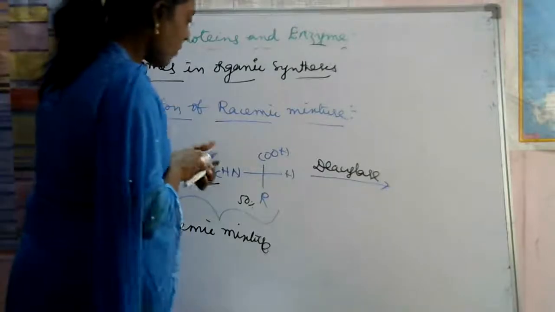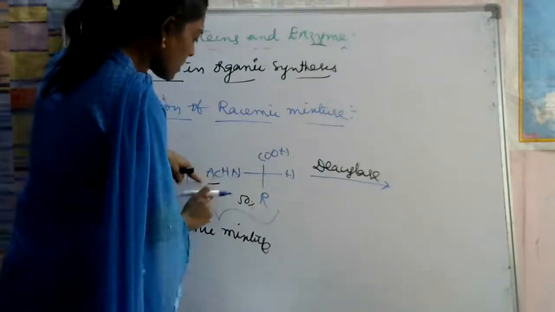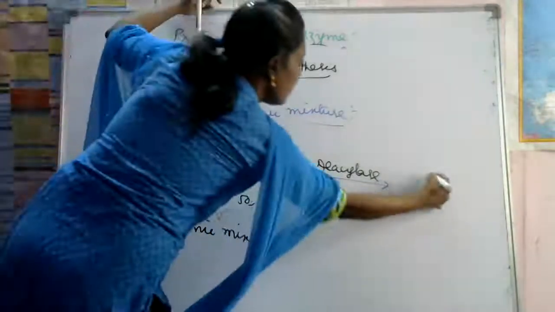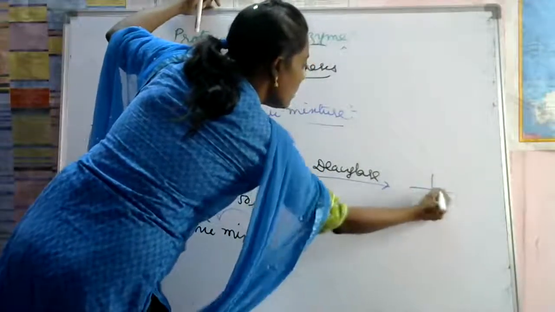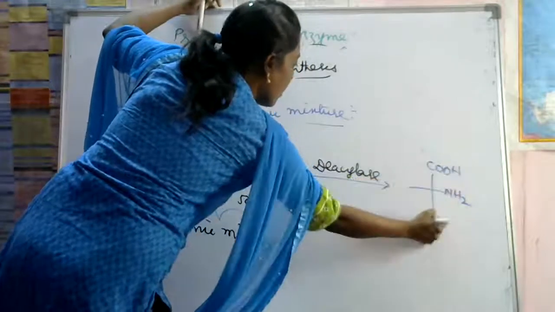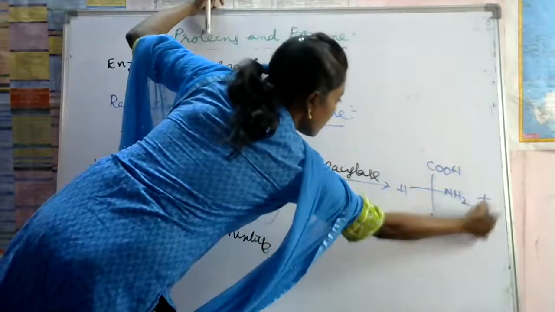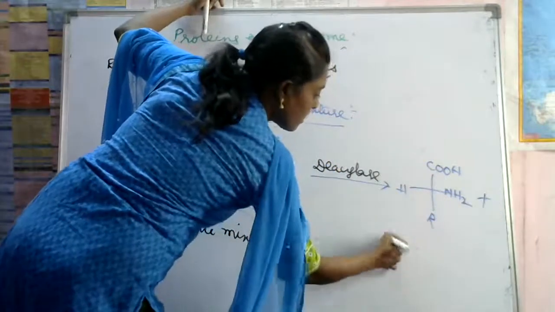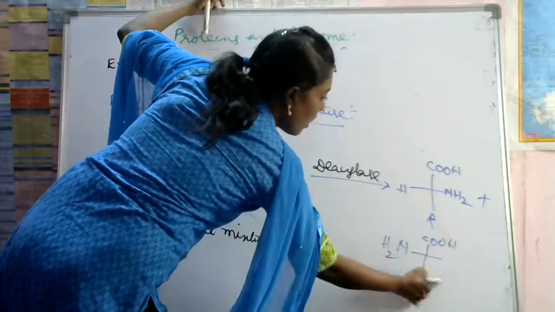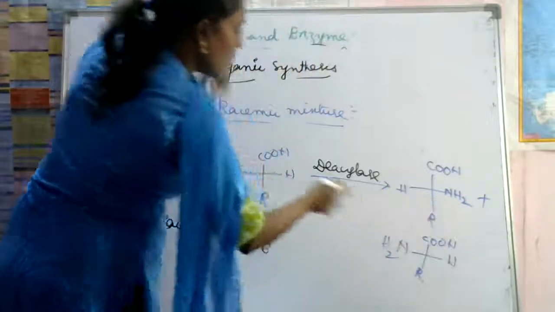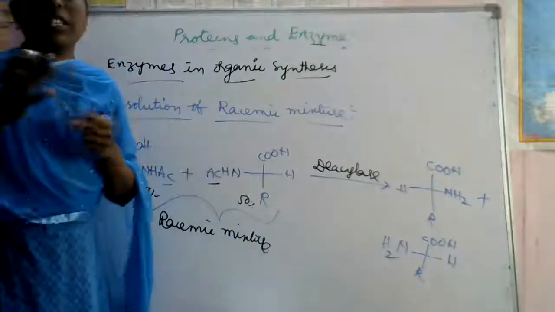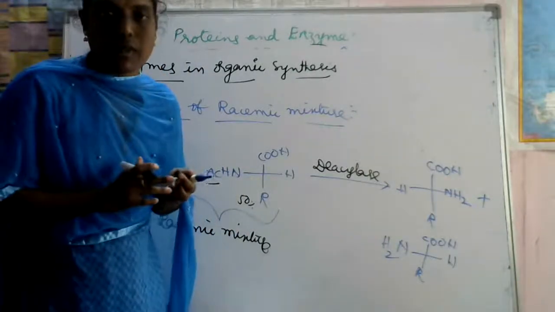Suppose we remove this acyl group and introduce the hydrogen. So here NH2 will be formed, COOH is there, and H plus another group. After this resolution, it forms different products, not in 50-50 percentage.